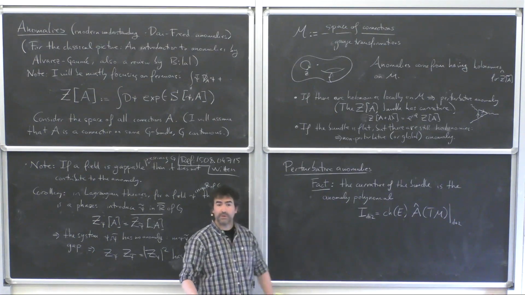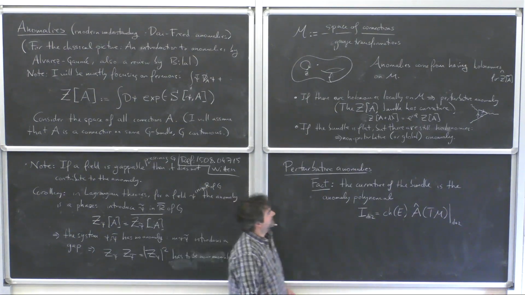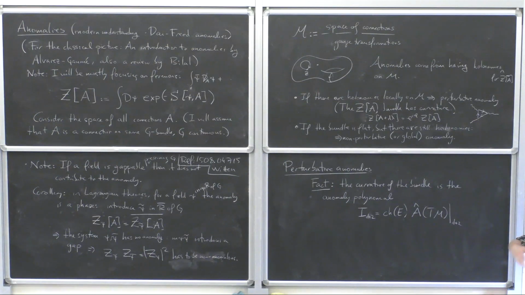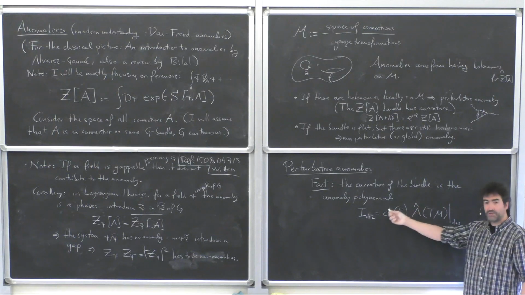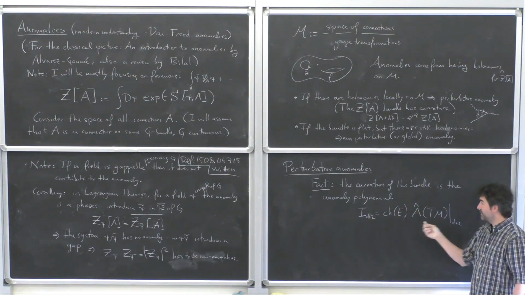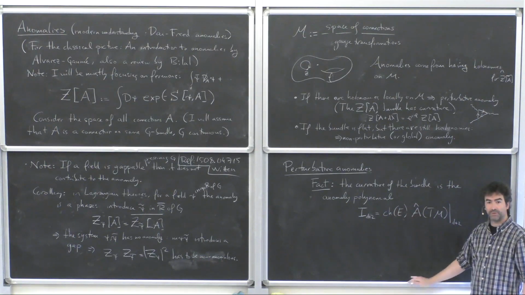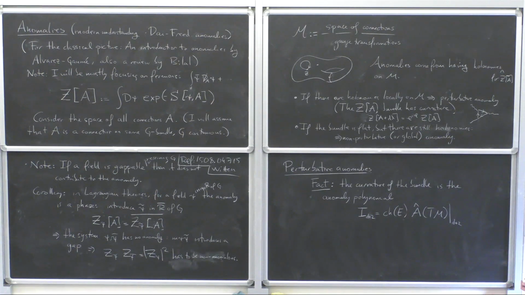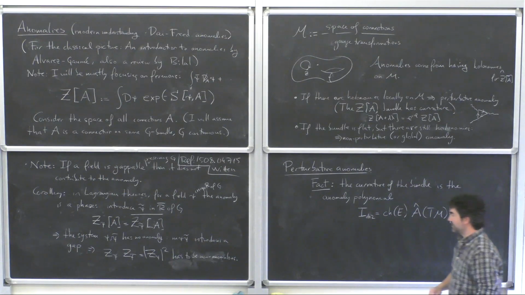So very often the presentation you will see in books is that they start with this sort of diagram, they prove non-conservation of currents, they show that that can all be neatly packaged using something known as anomaly descent in some group representation data that happens to be computed by this quantity here, that they call the anomaly polynomial. Historically, that's the way things went, and then people realized that this can also be understood as a curvature in a bundle. I'm starting from there and just stating that all that is true.